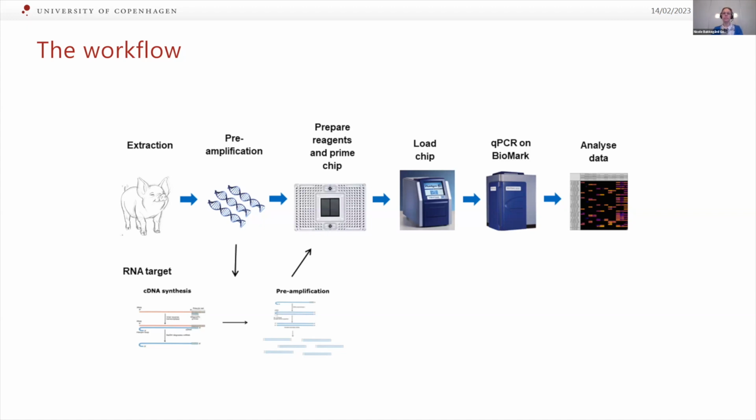After the pre-amplification, you add the pre-amplified samples to the chip together with the PCR assays, and then you load the chip in a so-called controller where the assays and samples are mixed. After that, you place the chip in the Biomark, which is the real-time PCR machine, and then you run the PCR.